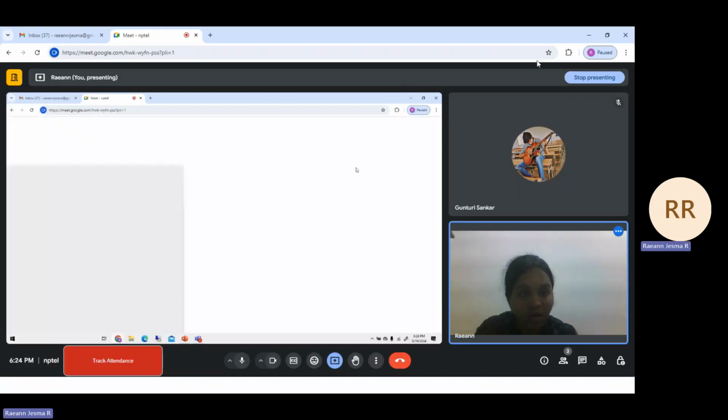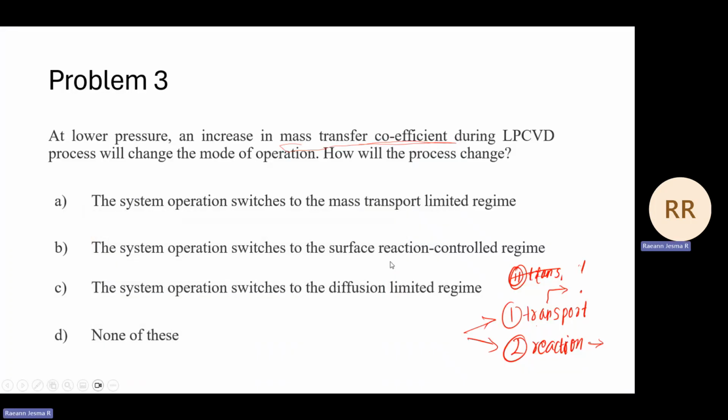You just have to tell which one is getting limited. Is the mass transport getting limited, or is the reaction rate getting limited?